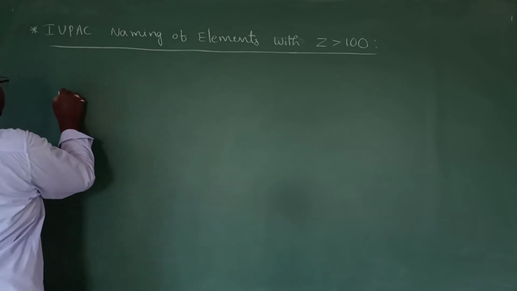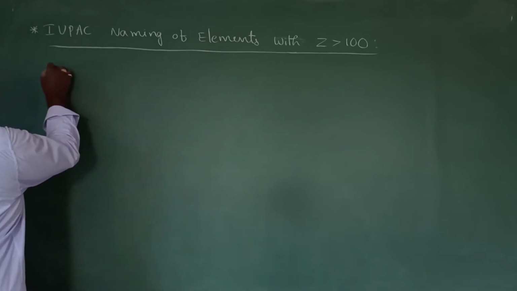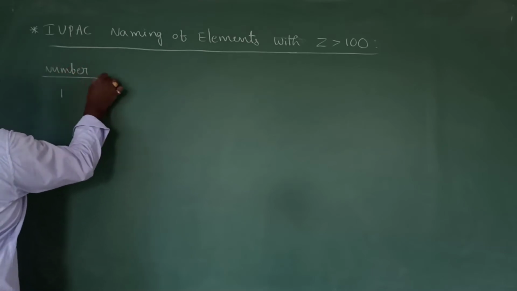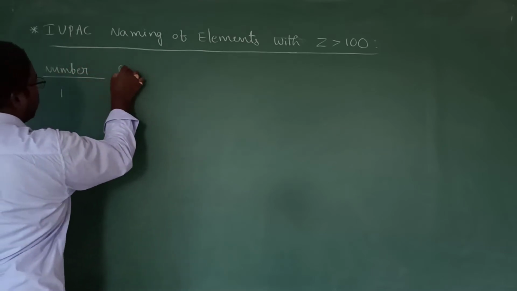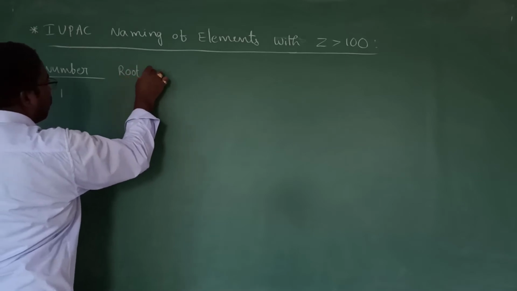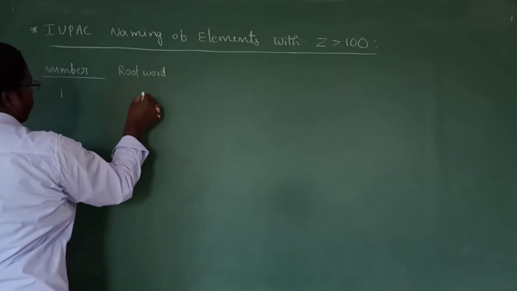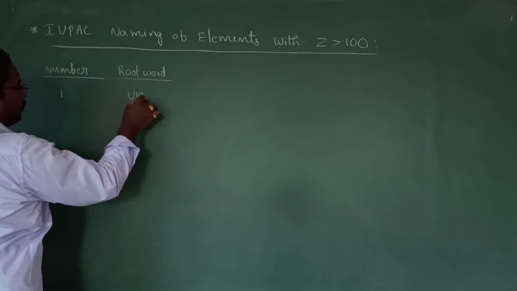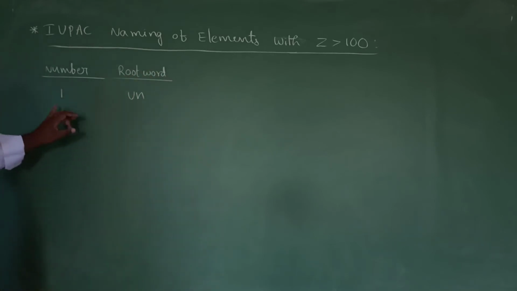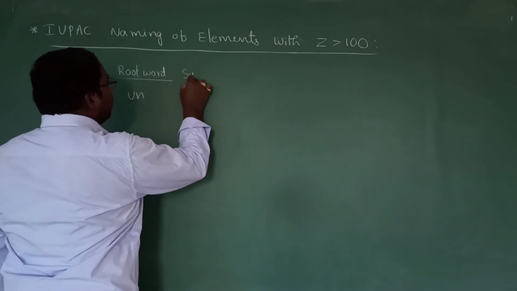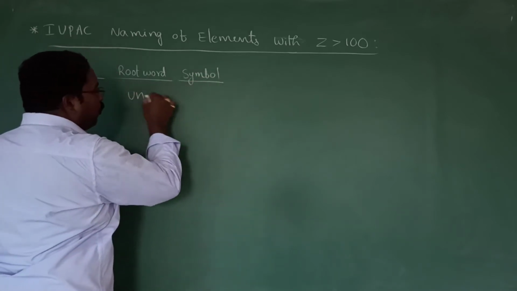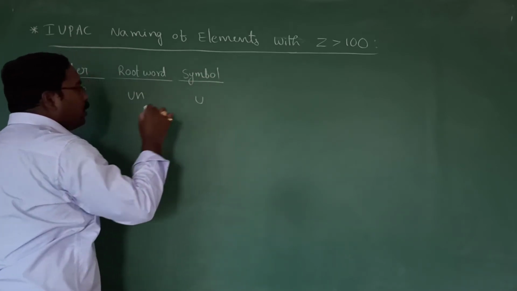Here, the representation of 1: this number is named using a root word, that is 'un'. The number 1 is represented as un, and the symbol for 1 is given as U.